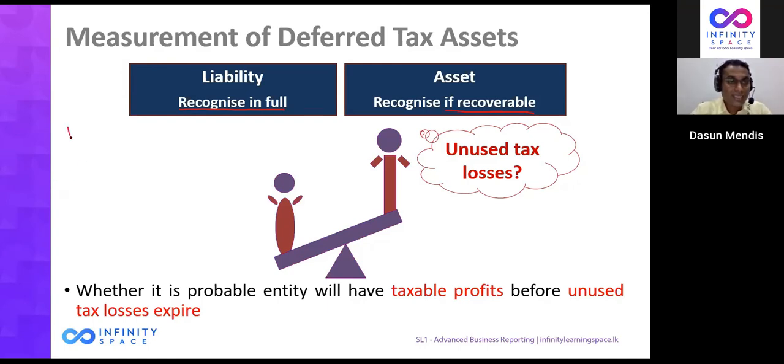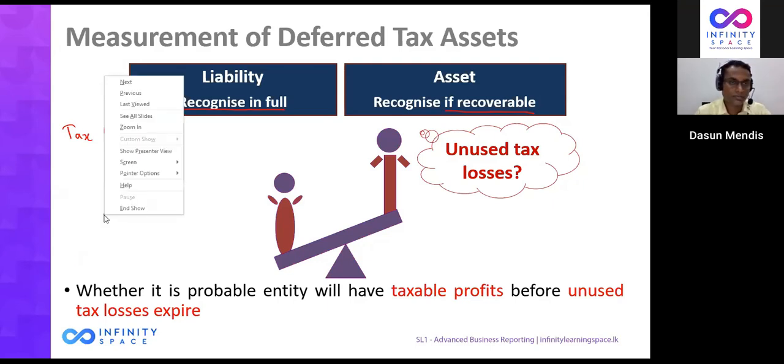Think about a tax loss. There's a company which you started in the last financial year, and the company has made a tax loss. Let's say a tax loss of, not dollars, let's take rupees, right?